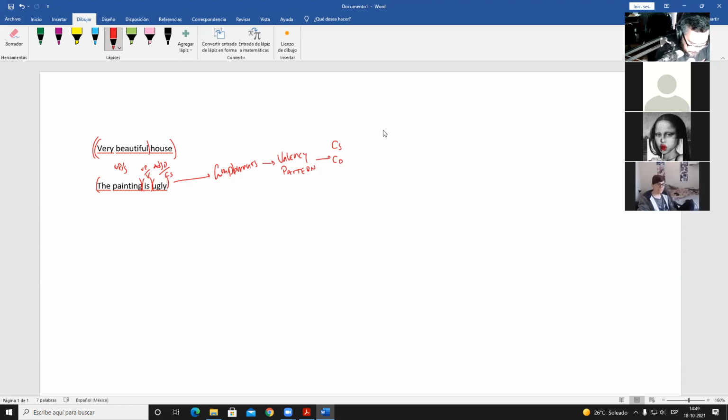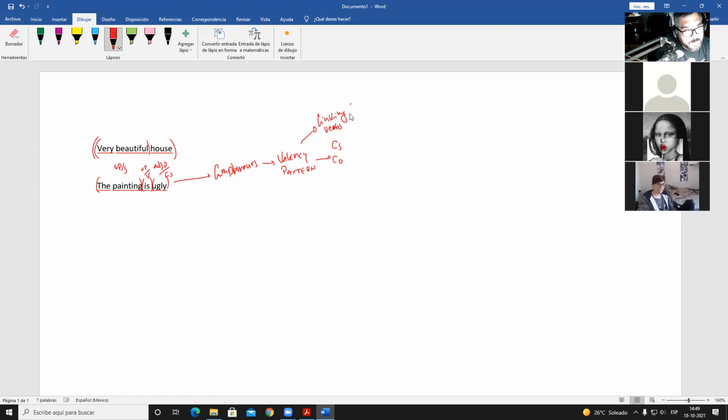On the one hand, the presence of a complement requires the presence of a certain verb. When I say certain verb, I'm talking about the main verb, the verb head inside of the main verb phrase. Therefore, ugly is considered to be a subject complement because it requires the presence of the verb to be in front of it, right? The form is. As a consequence of this, subject complements are usually linked to the idea of linking verbs, right?